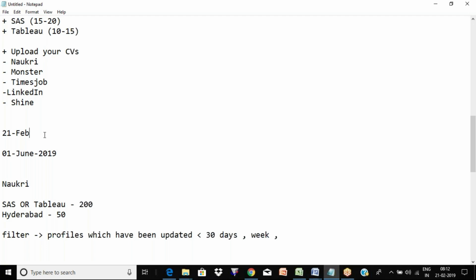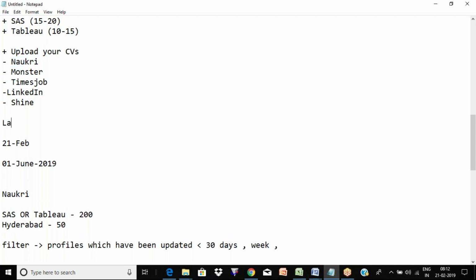Once you create it, you just have to log into that site, and there will be a profile, and you click on the edit. You don't have to do any changes. You just click on the edit and save. The last modified date will change to today's date.